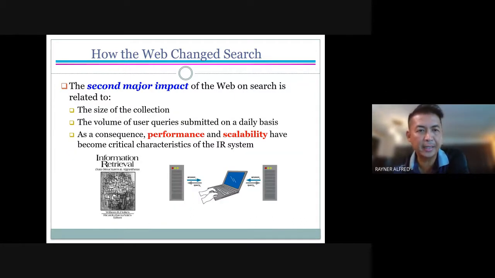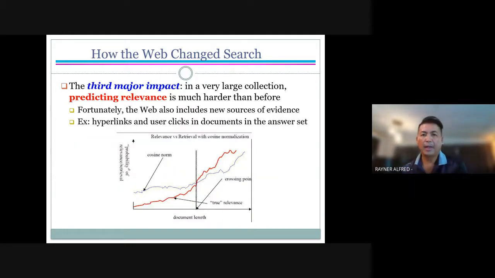The second impact is that we have a large volume of data every day, so we need to store them. We need to write a good retrieval system in order to retrieve them because we have a lot of data every day. Okay, and based on the data that we have, we could do prediction. Like if you're looking at the price of a certain item or the number of COVID-19 cases every day.